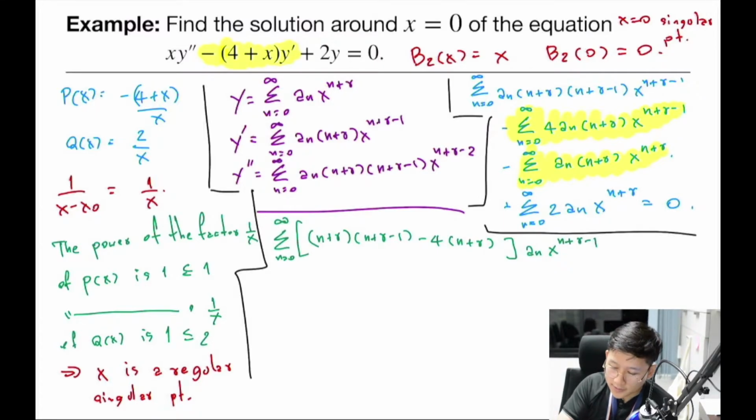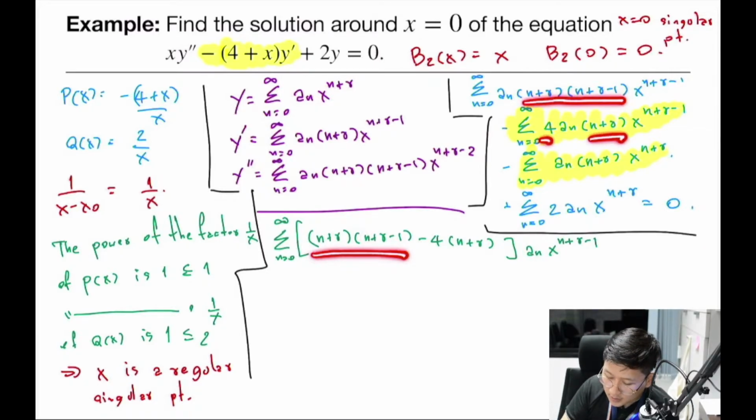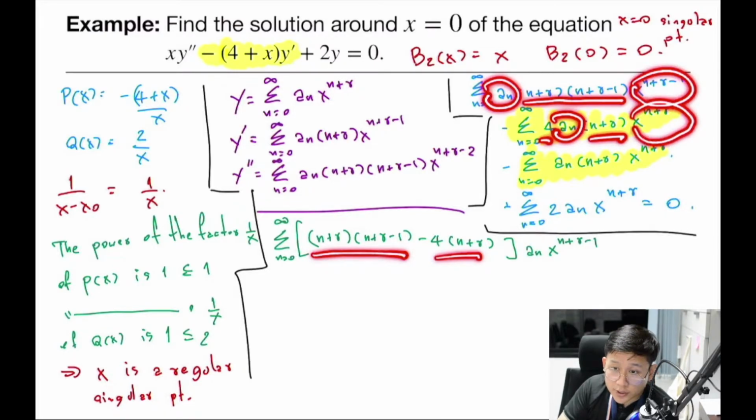You get that? Here (n plus r)(n plus r minus 1) is this term, and then 4(n plus r) is this term, and then I pull x to the n plus r minus 1 out here.